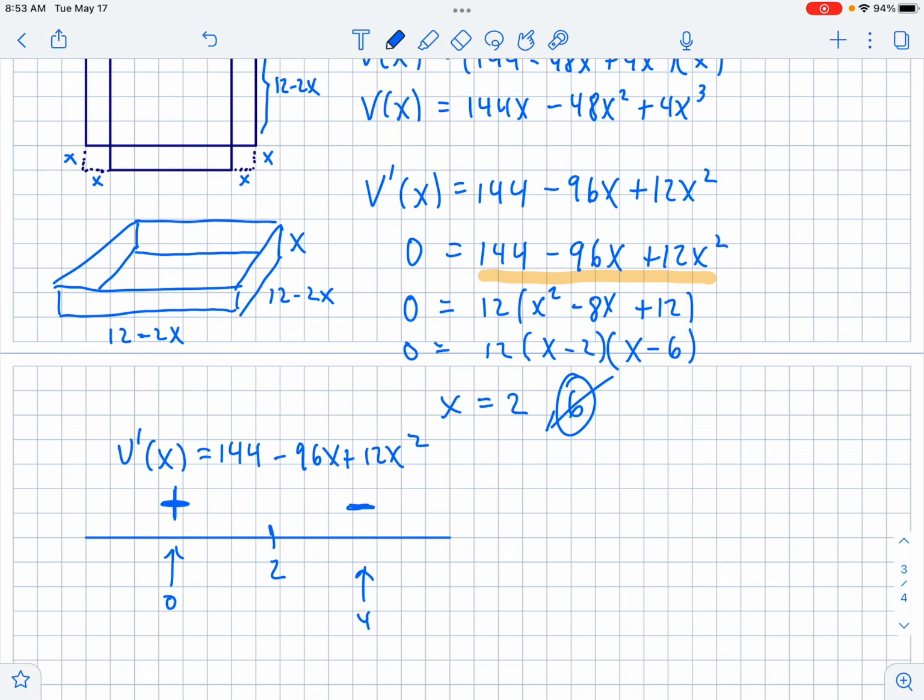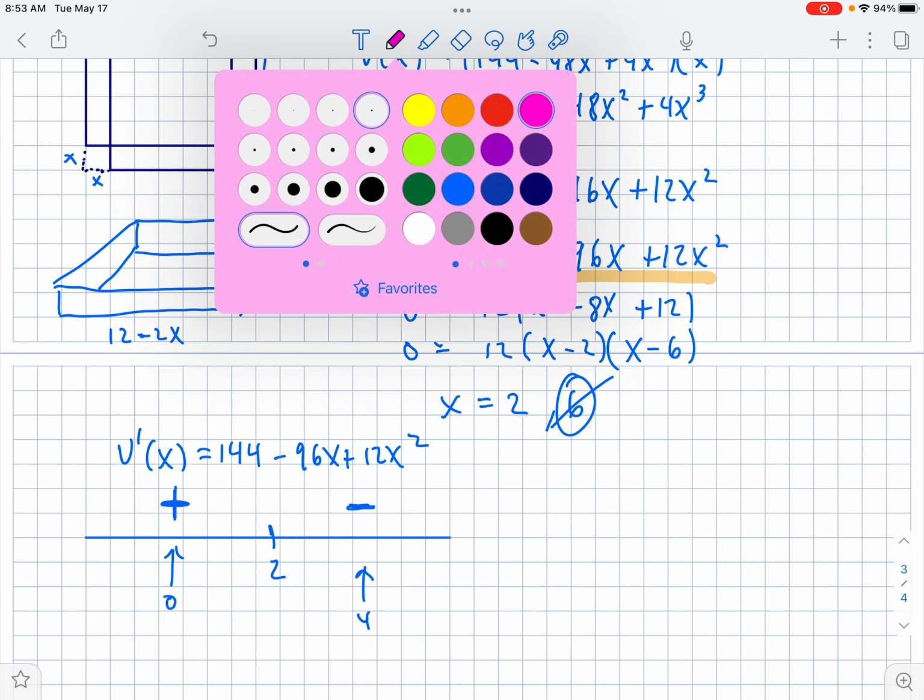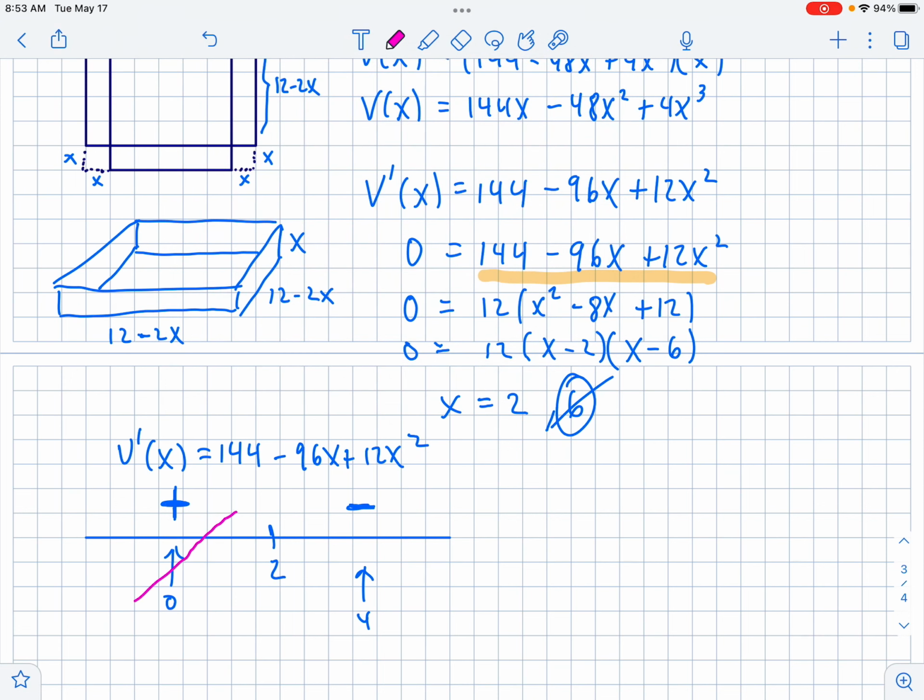When you do that, you'll find a positive number on this side and a negative number on this side, which means it's going uphill on this side, and then it reaches a maximum and then goes down. So we did indeed find a maximum. So the maximum occurs when 2 centimeter by 2 centimeter squares are cut out.